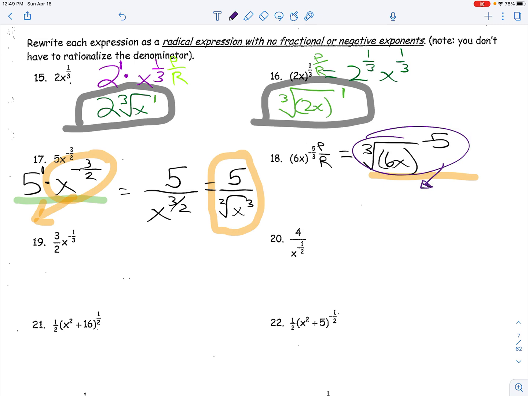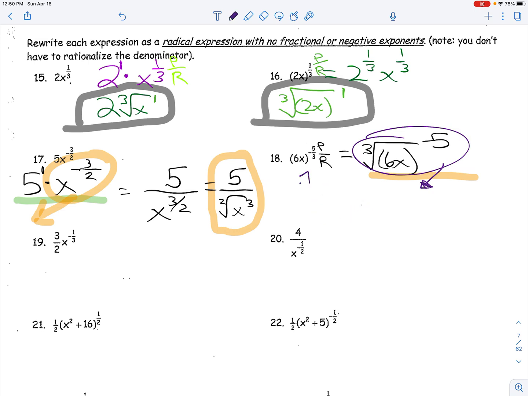All right, so that's going to go to the denominator. So we'll have the third root of 6x here to the power of 5. And then we got to put something in the numerator, people, right? If there's nothing left over to put in the numerator, we got to put something down there and not a 0, right? We're going to put a 1. So 1 over the cube root of 6x to the 5th power.